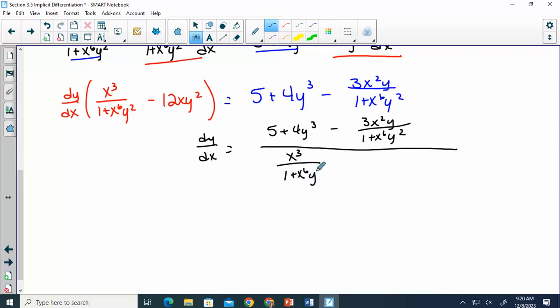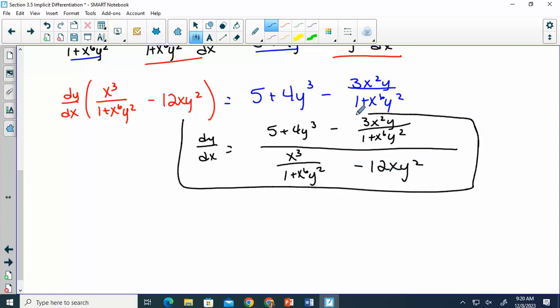These problems, depending on where you stop with your simplifying, can get pretty lengthy. So even though this is super horrible notation, we could leave it like that. If you wanted to get rid of the fraction, you would have to take everything times 1 plus x to the 6th y squared on top and bottom and clean it up from there. So you're just going to end up with a few more terms, but we could do it.